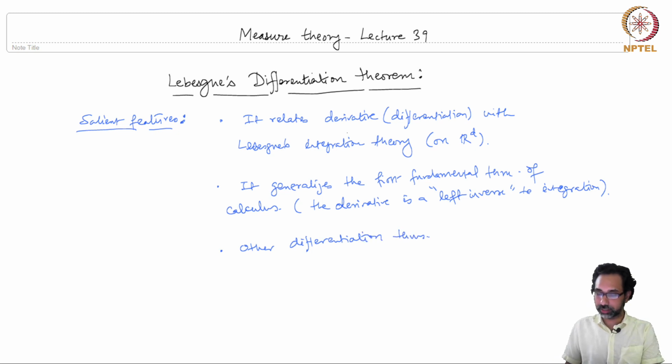So these differentiation theorems give criteria for functions to be differentiable outside of a null set. So differentiability almost everywhere for various classes of functions.